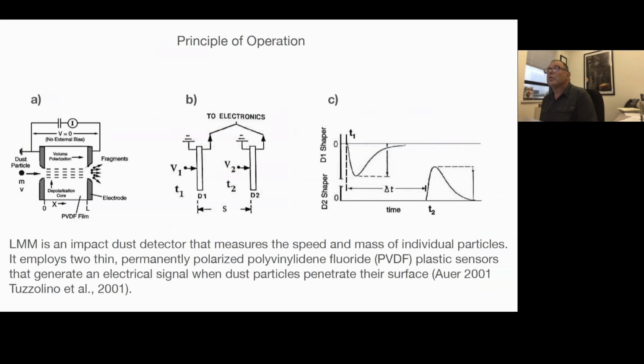You could do 2 of these layers, one below the other, so the penetrating particles then will impact the second layer, and you could measure the time of flight and get the charge that they generate, and the speed that you measure allows you to figure out the mass and the speed of the incoming particles. The next slide, please.